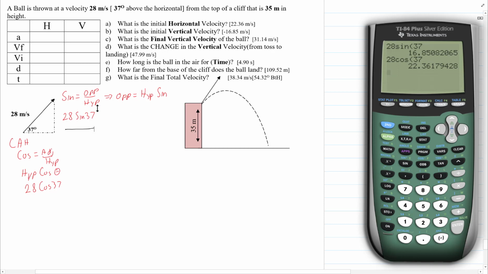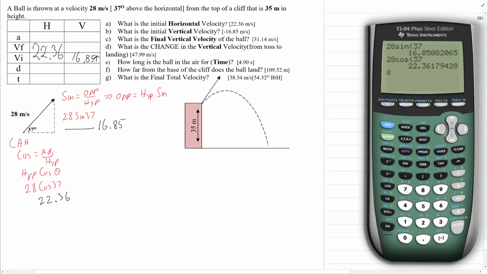You're still probably doing everything right, but it's not the one that we wanted. So the sine is 16.85 and the cosine is 22.36. And of course, if this is 37, there's more horizontally than vertically. This has got to be bigger than that. That's right. So this is 16.85 up, and this is horizontal 22.36.